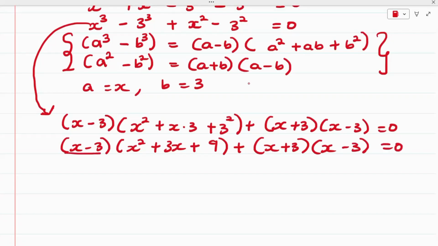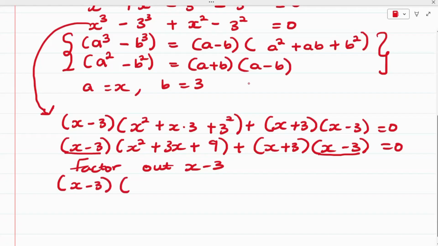So from here we have x minus 3 to be a common term. So the next thing we want to do is to simply factor out x minus 3, and if we do that, we have (x minus 3) multiply (x squared plus 3x plus 9 plus x plus 3) equals 0.